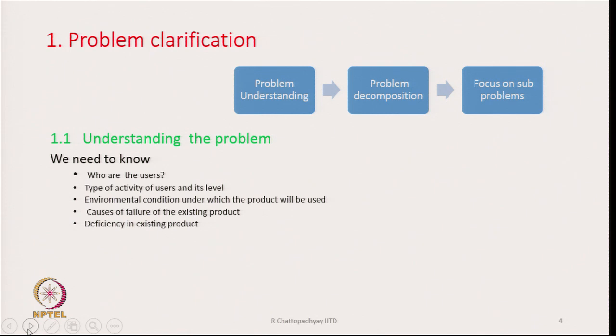So, what is the nature of the working environment, that we also need to know, that is whether they are working in an environment where there is too much humidity, or is it a dusty environment, or is it an environment where there is a lot of heat, or that could be too much cold temperature.